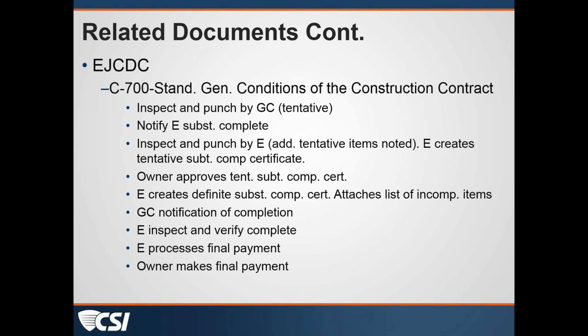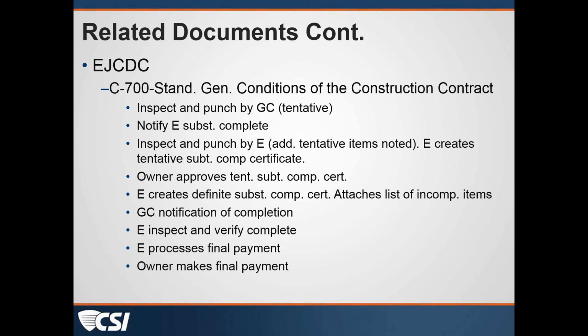Doug, any items to add to either of those documents? No, those pretty much outline the process. The one thing that is not mentioned in those that everybody just needs to keep in mind, because we're going to talk about them later, is the other closeout documents that are required: the record drawings, record specs, release of liens, all those other closeout documents.